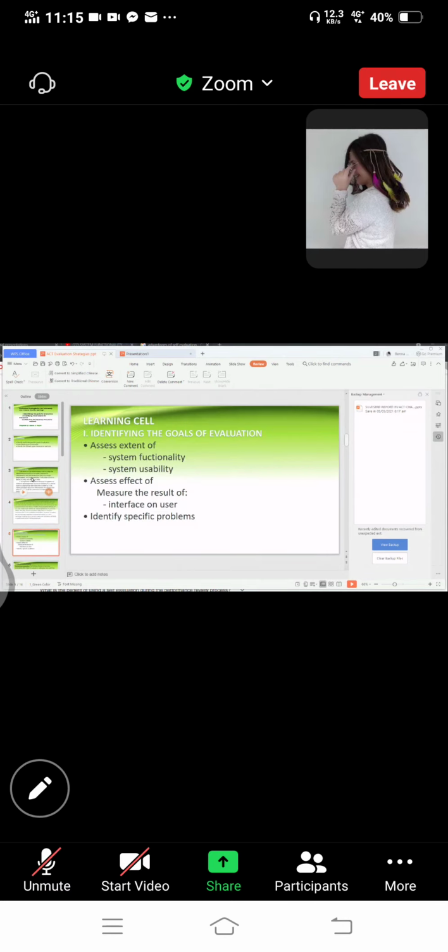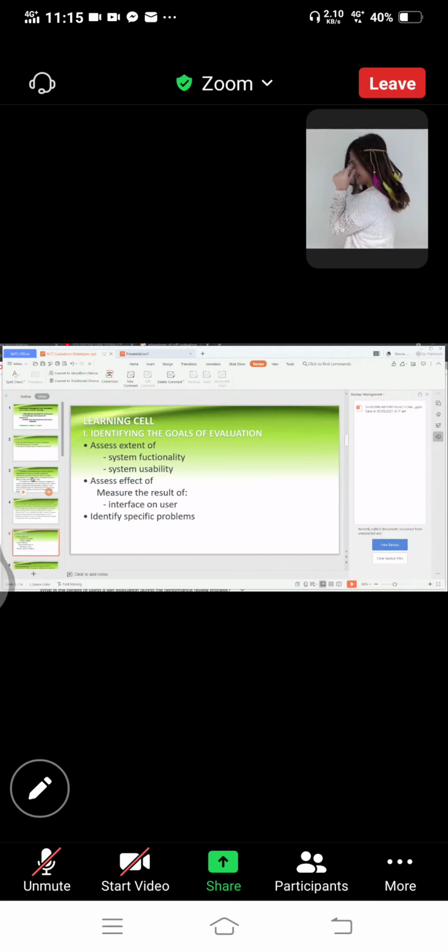So for the learning cell, first, identifying the goals for evaluation, we have to assess the extent or the measure of system functionality. System functionality is the ability to perform a task or how efficient you are as a teacher.